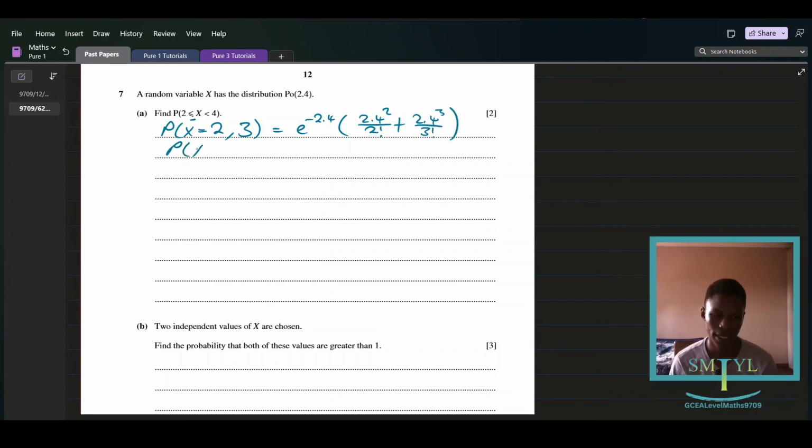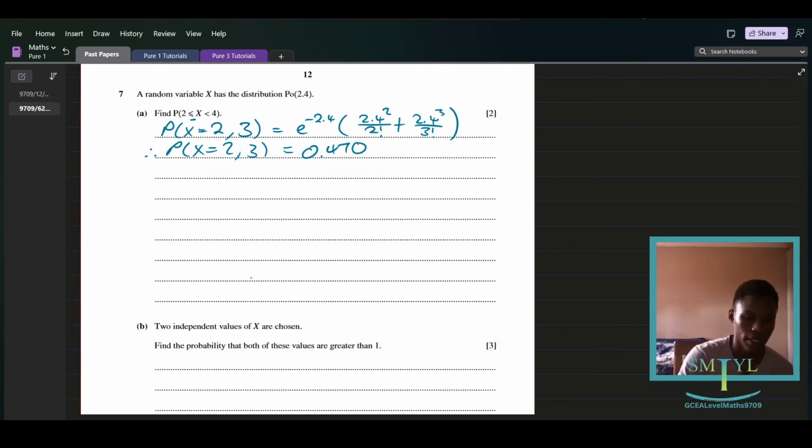Let's punch that into our calculator: e to the power negative 2.4 times open bracket 2.4 squared over 2 factorial plus 2.4 cubed over 3 factorial, and this gives us 0.470. This would be our final answer.